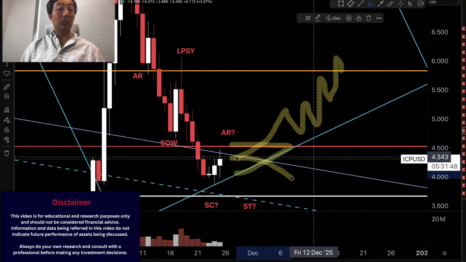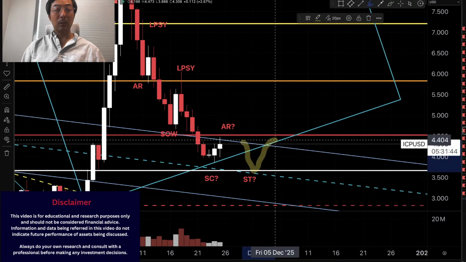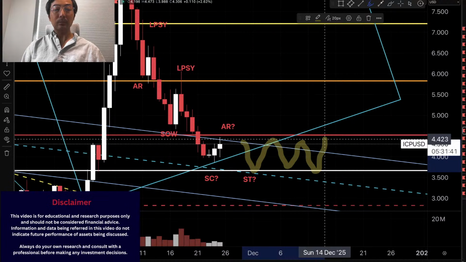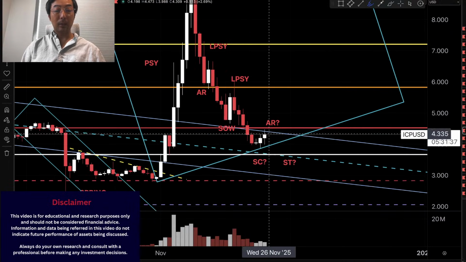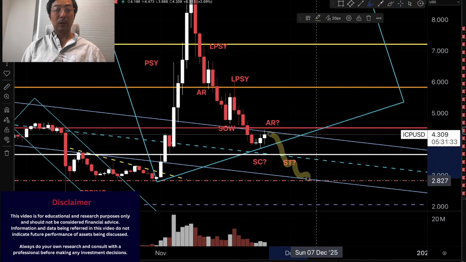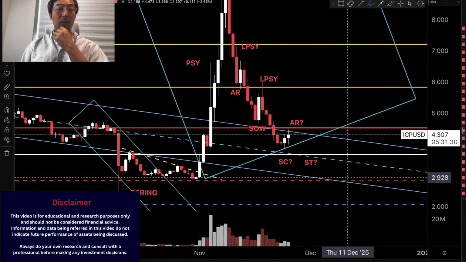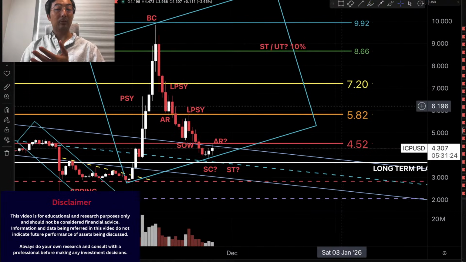We have to wait a little bit longer. It may be trading sideways between the red and the white line, or the more pessimistic scenario, it comes back to the level where the spring was, roughly 2.8. So 3 different scenarios: positive, neutral, and negative or pessimistic.